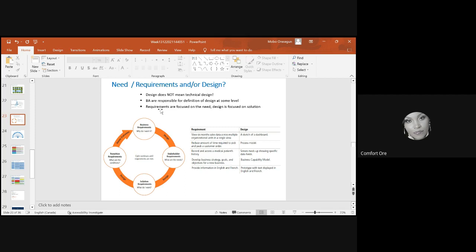So whatever solution we're looking into, it doesn't have to be technical. It could be a model actually. It could be making reference to automating a process.